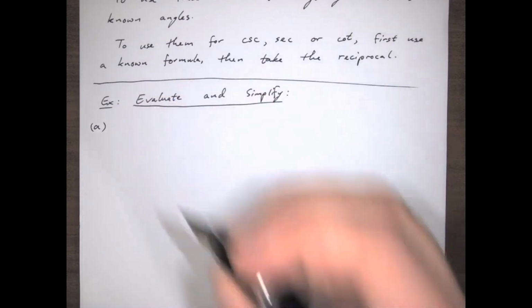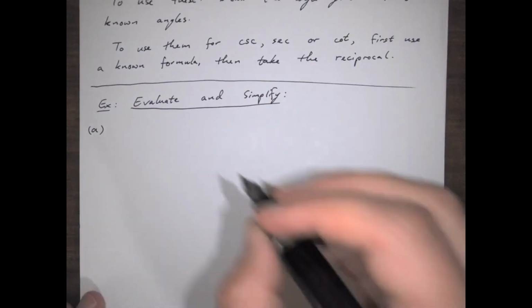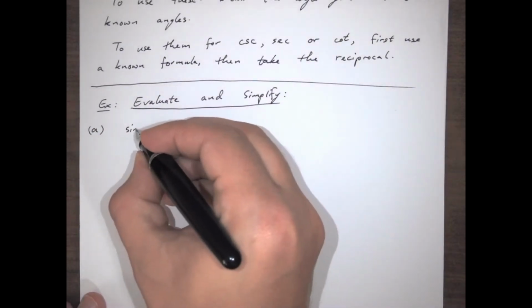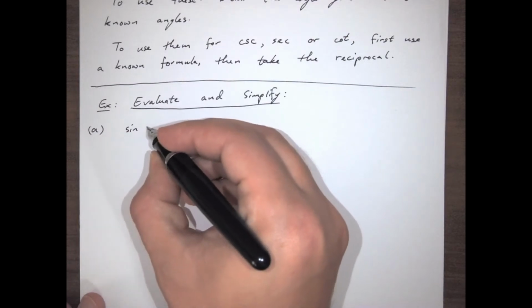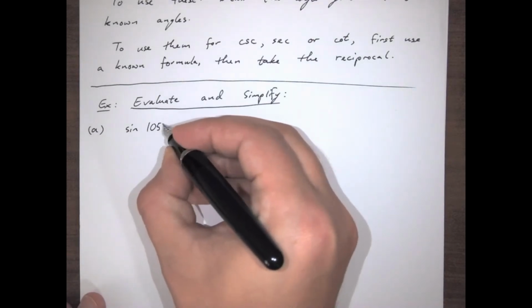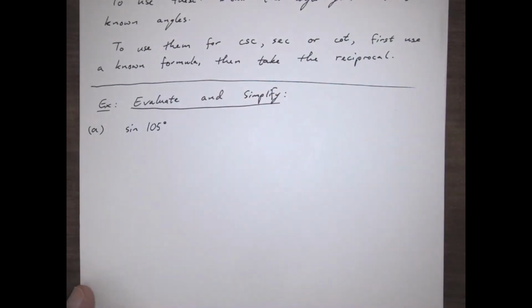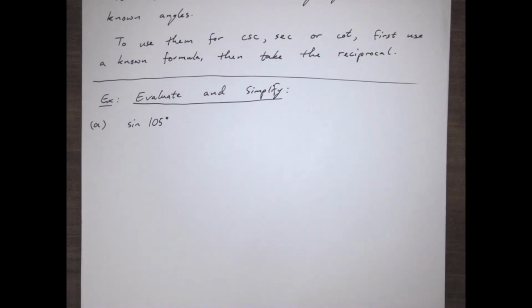Okay, so first off here, let's just see how we get this started. So sine of 105 degrees. So this is already in degrees, and so we just need to figure out what two angles do we know that add up or subtract to make 105.